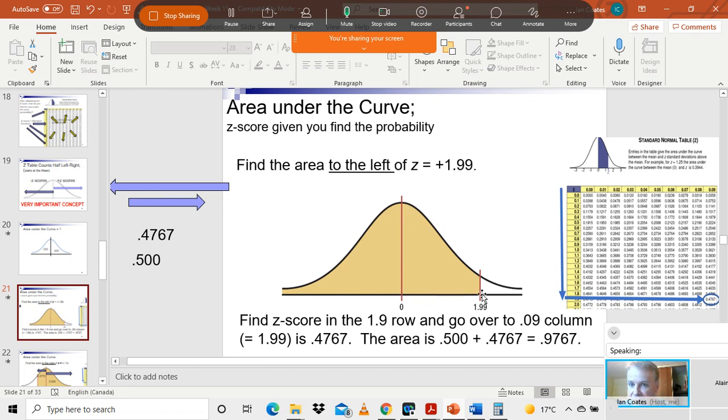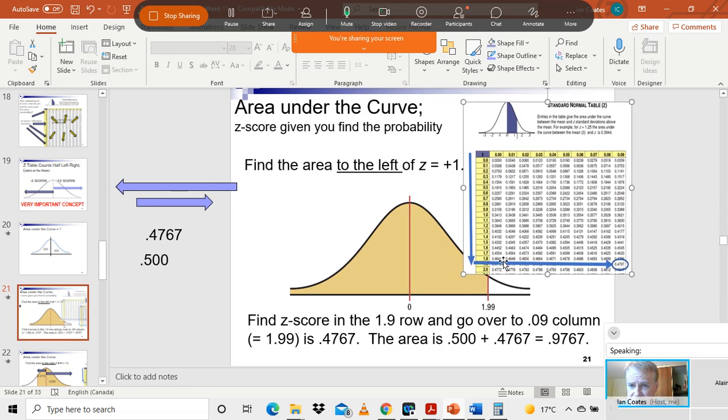Well, I don't really know it. So what we do is, I've given you the z value here. So you don't need to find the z value. I've given it to you here. So z is 1.99. So what do we do here? I'm just going to blow this up.